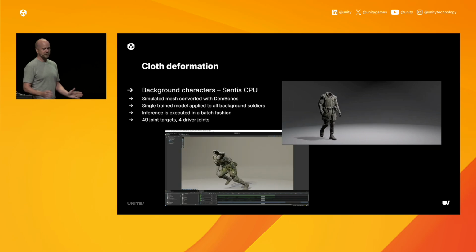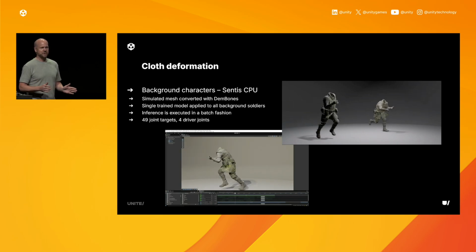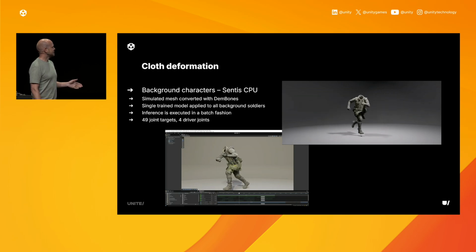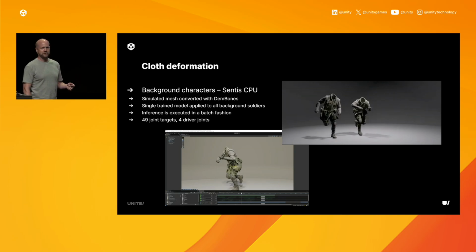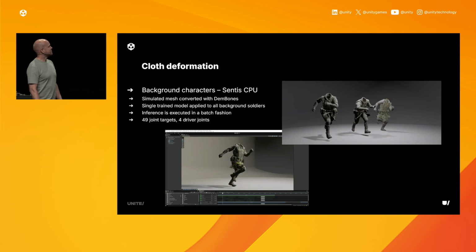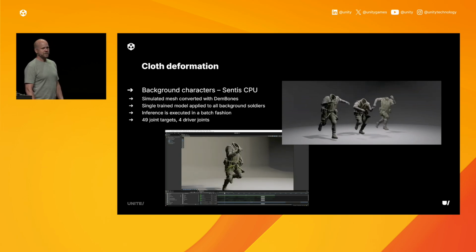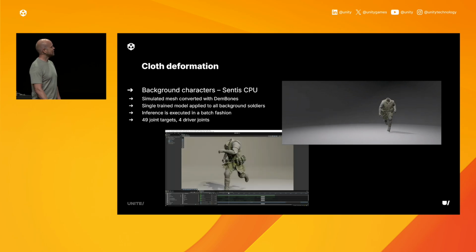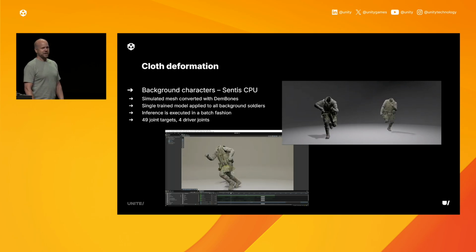So we took a small portion of the run sequences, made a simulation of the lower part of the coat, and converted that to Dem Bones as well. That we fed into a tiny model, which is about 500 kilobytes in size, I think.